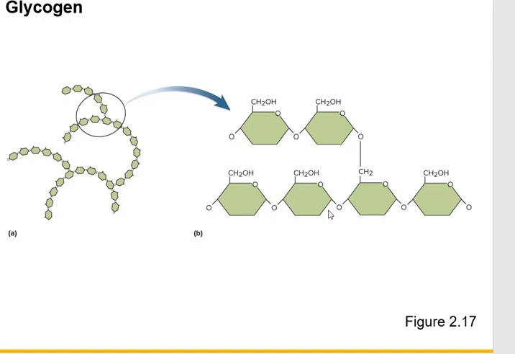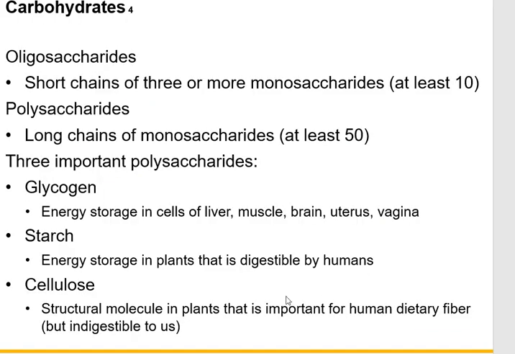Pay attention to the orientation in space of the oxygen right there, because that's going to be important in just a second. Interestingly enough, we can break down glycogen. Obviously, we put it together, we can break it down, but we can also steal the sugar that the plant has saved up and eat the plant and get the starch out of it so that we can get its glucose.